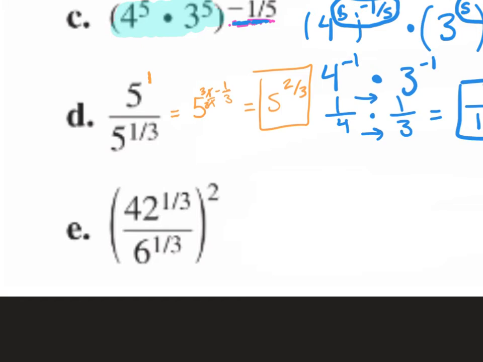Now we're going to see this a little bit more on like the 5th slide, but when our exponents are the same, we can combine them to 1. So we can change this to 42 over 6 to the power of 2/3.